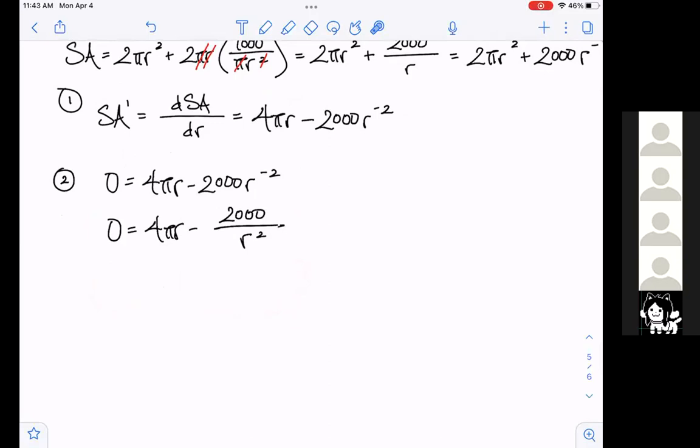How do I solve for r here? What's the algebra that we need to solve for r here? Yeah, let's add that to both sides. Great. So we've got 2000 over r squared equals 4 pi r.